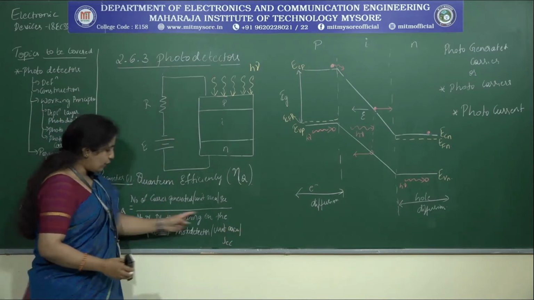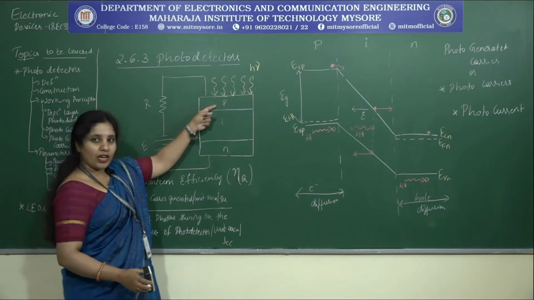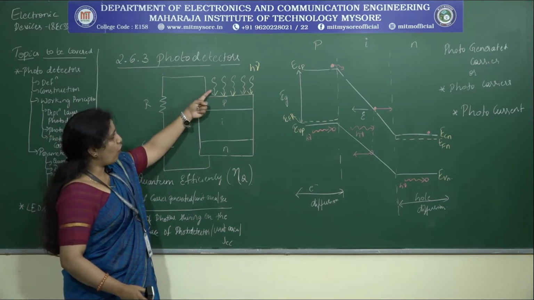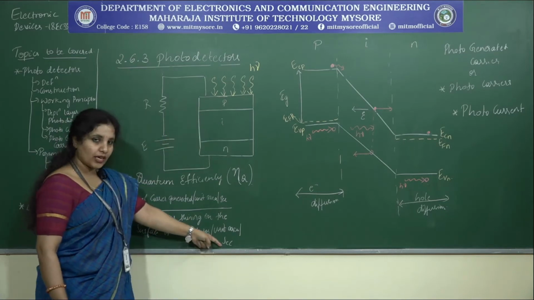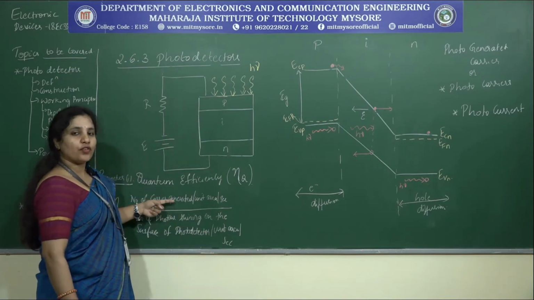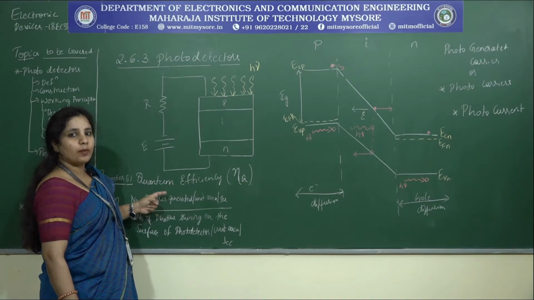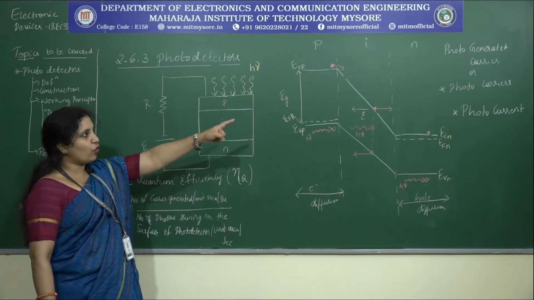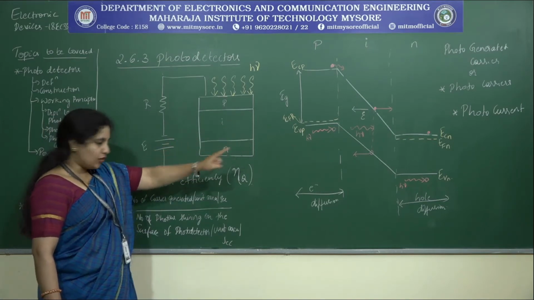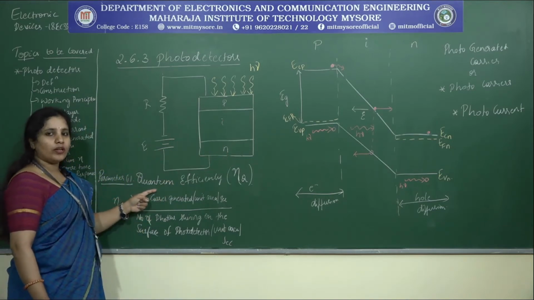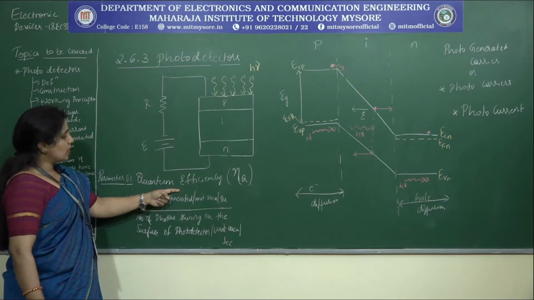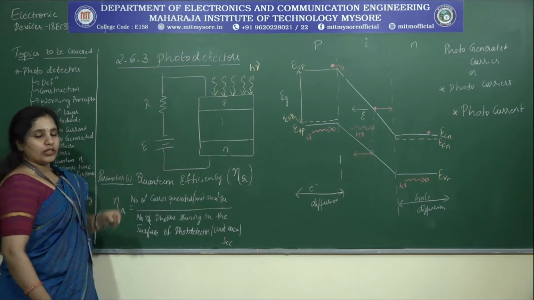So, how many photons are reaching this surface, and out of all the photons impinging on this surface per unit area per second, how many of them are successfully able to generate the EHP pairs? That is nothing but the photo generated carriers, and that is what tells the efficiency, the quantum efficiency, which is a figure of merit for a photodetector.